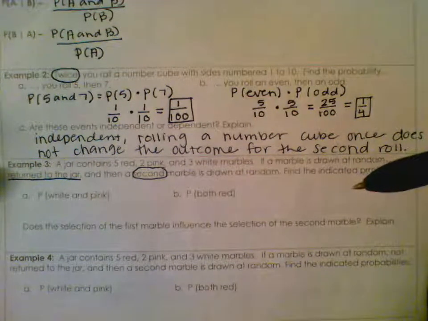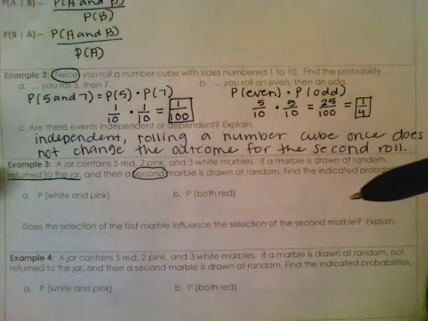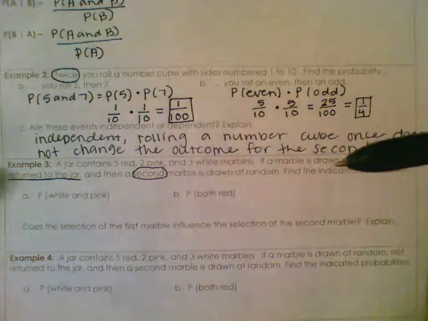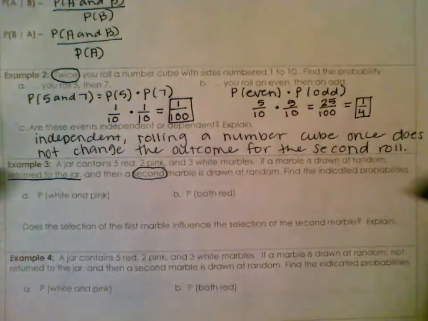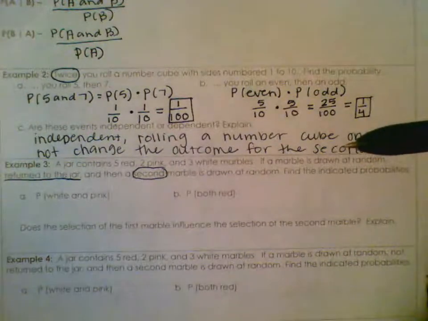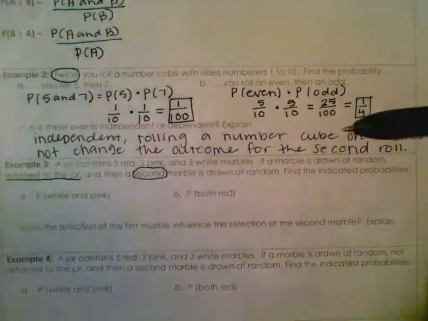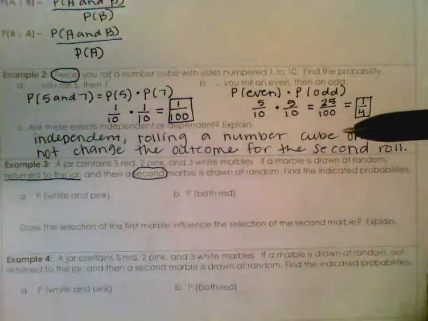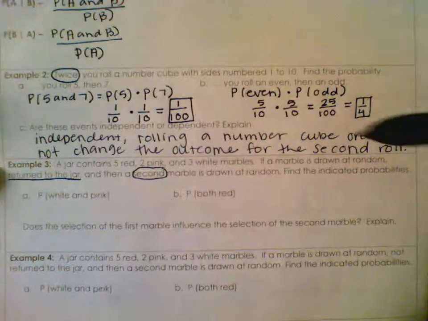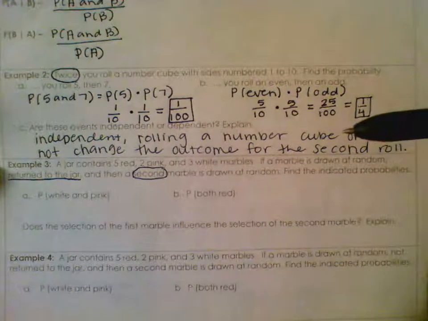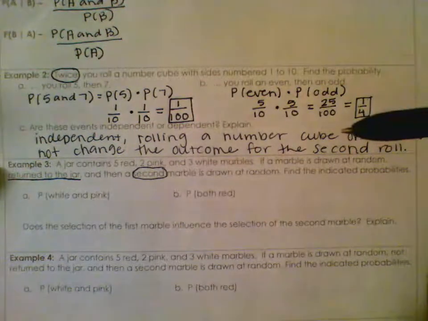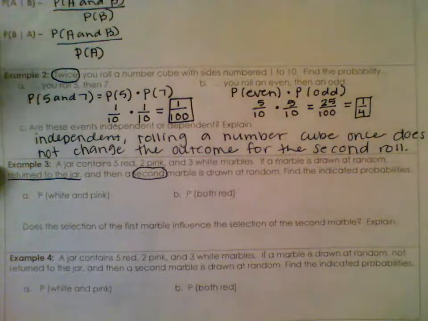Does that mean that these are independent or dependent events? If you return that marble to the jar, then the second marble is not affected by that first marble because you put that first marble back in the jar. So it has no effect on that second marble.